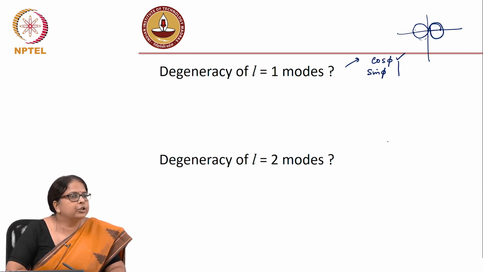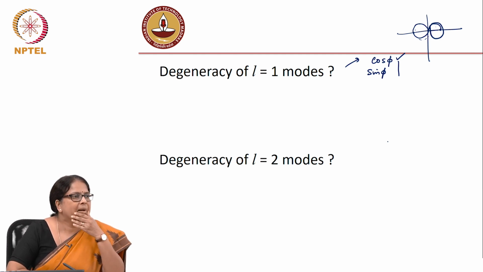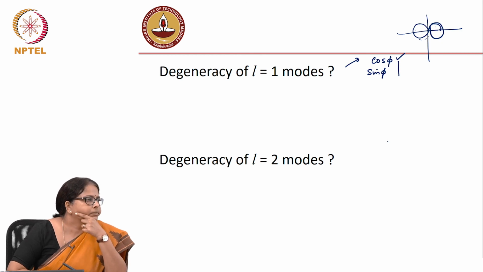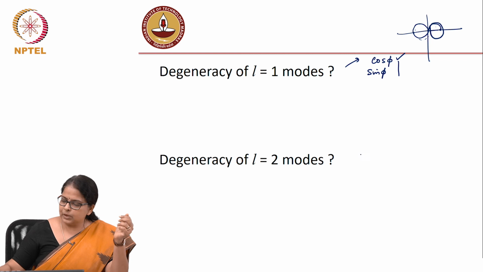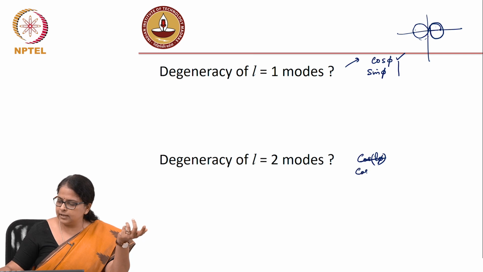For L equal to 2, how many-fold degenerate should it be? 6-fold? Really? It will still be 4, because only the angular dependence is changing, but I will still have, for instance, cos 2 phi and sin 2 phi.